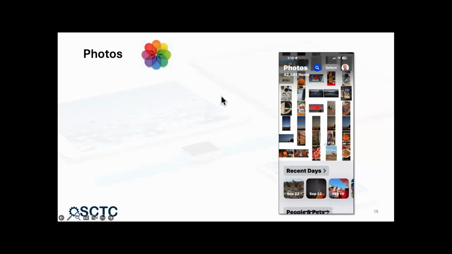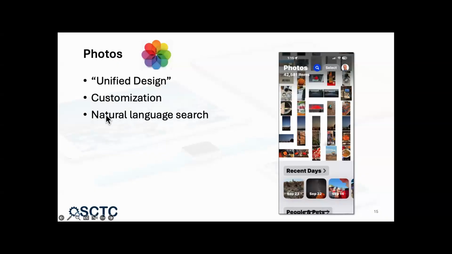All right, let's look at photos, because everybody uses their phone for photos, right? They've created this new unified design, they call it, and it's customizable. We're going to show that here in a second. You have somewhat of a natural language search. We can look at that too. There's a new AI cleanup tool.